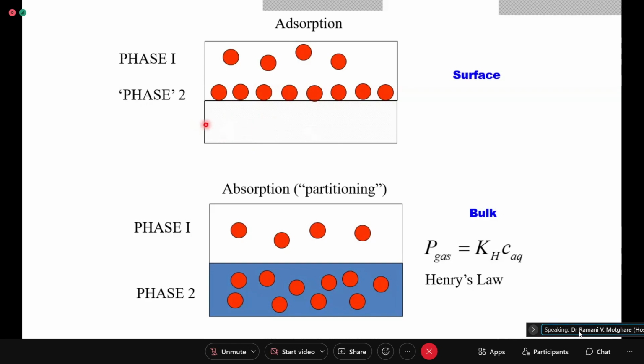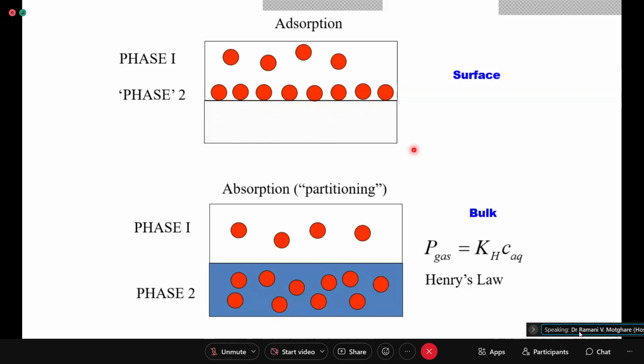So the solid surface generally, because why I say solid is there are 5 types of interfaces. You have gas-solid interface, then liquid-solid interface, then liquid-liquid interface, solid-solid interface, then you have gas-liquid interface.